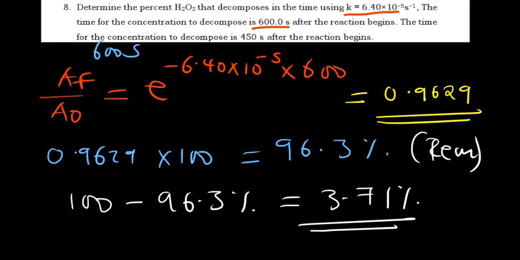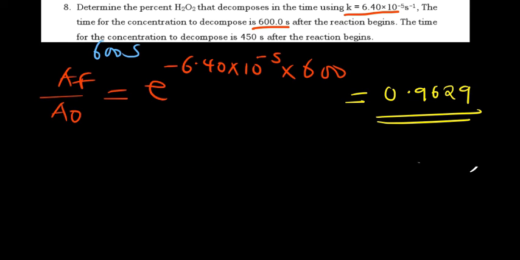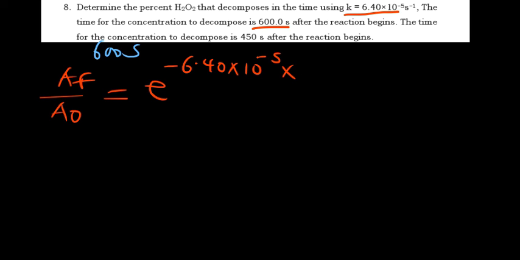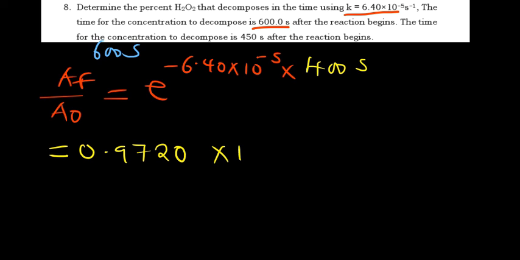The same concept can be applied to the different time of 400 seconds. You find the ratio of the final to the initial, and here the value is 0.9720, times 100. To get a percentage, it becomes 97.2%. This is how much remained.